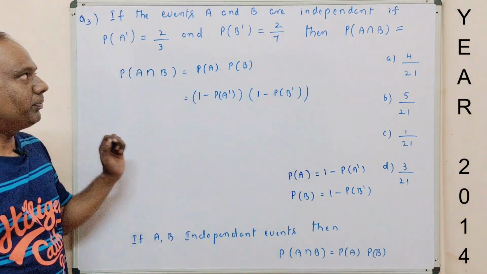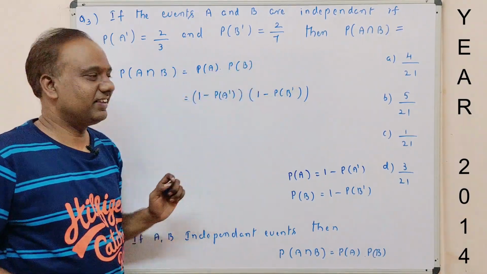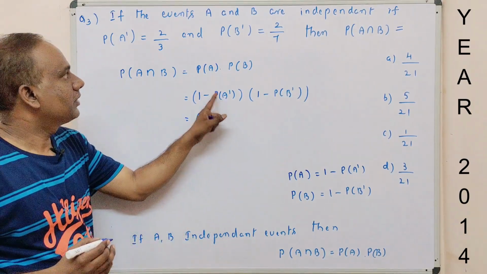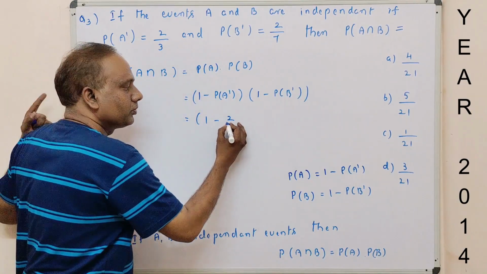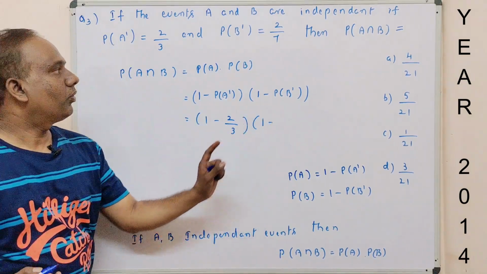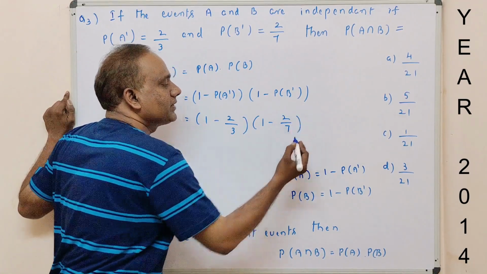Why we can write this: they gave P of A dash and P of B dash, and that's why I am writing here. So 1 minus P of A dash is equal to 1 minus 2 by 3, and 1 minus P of B dash is 1 minus 2 by 7.